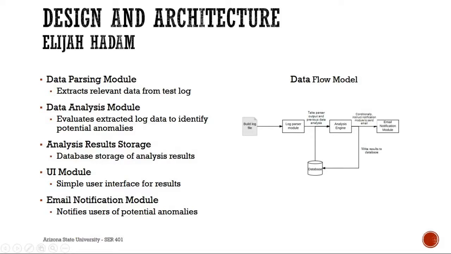Is this anomalous compared to our previous builds? Based off of that, it'll send instructions to the email notification module, instructing it that there was an anomalous build, and to notify the appropriate people that something didn't seem quite right or seemed different with this particular build.